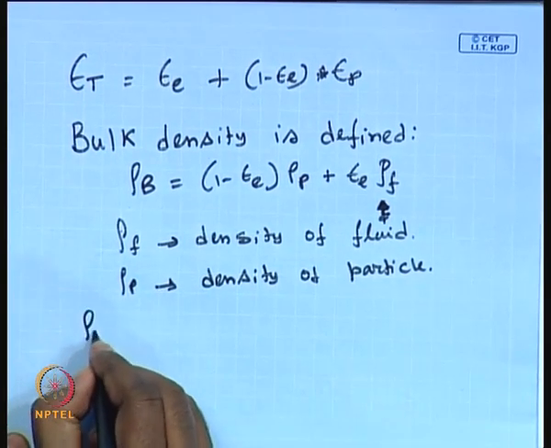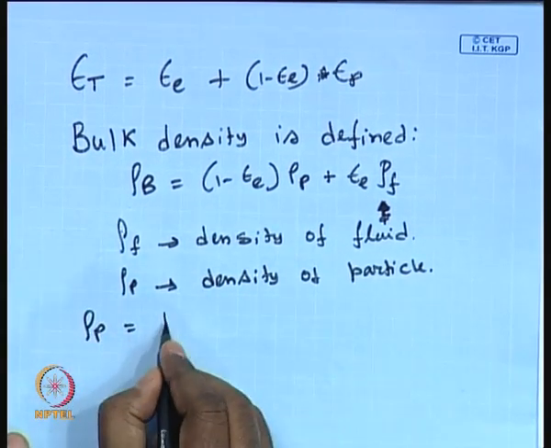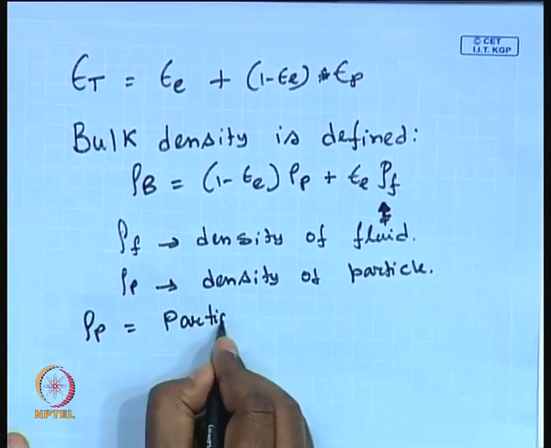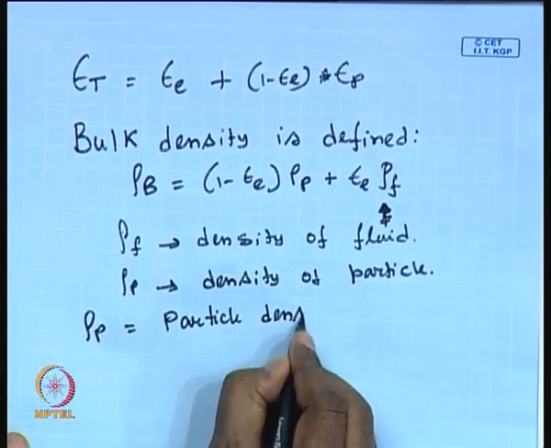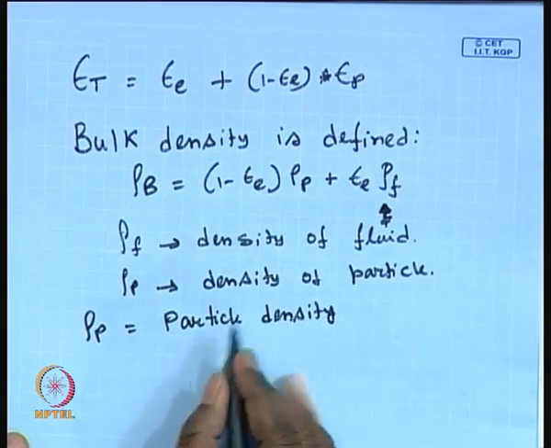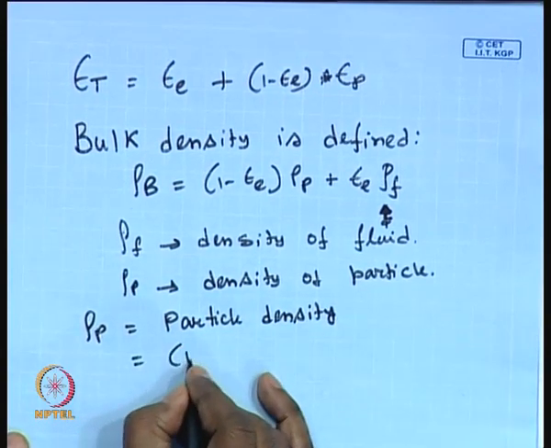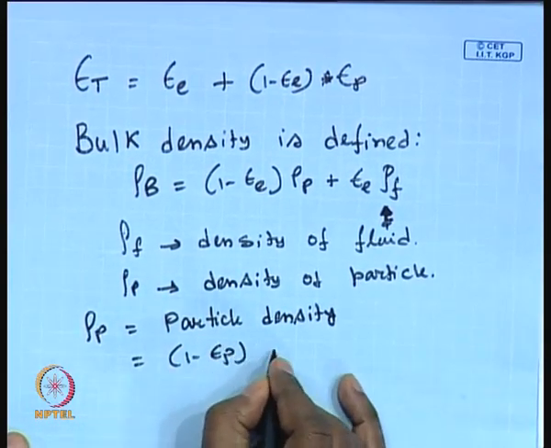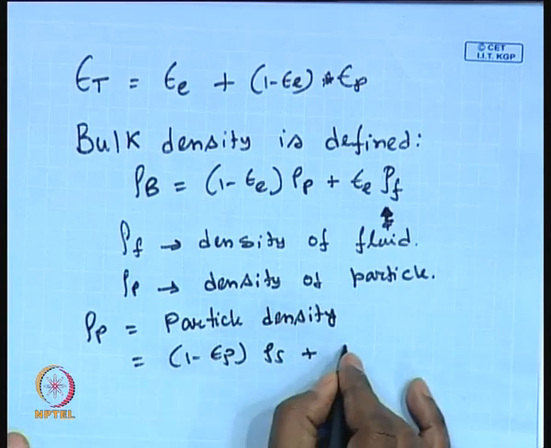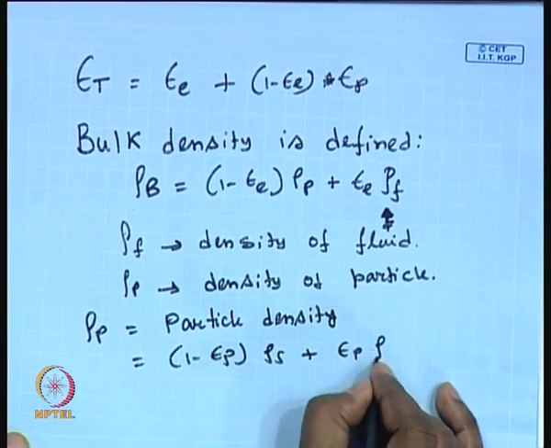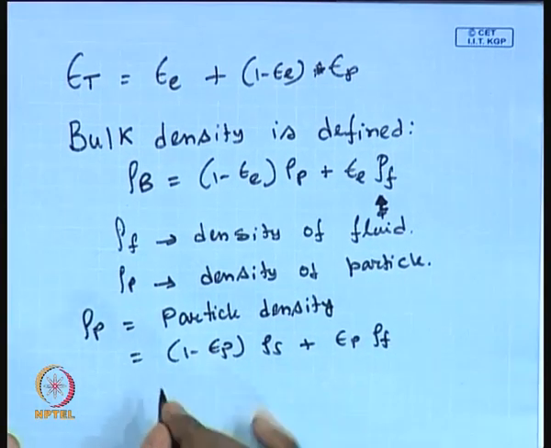And rho p, the particle density, is defined as 1 minus epsilon p times rho s plus epsilon p times rho f. What is this?